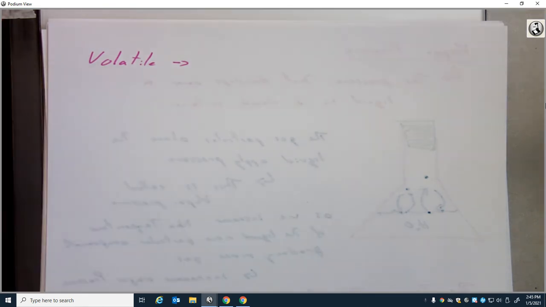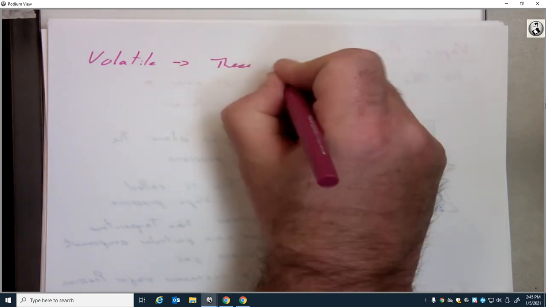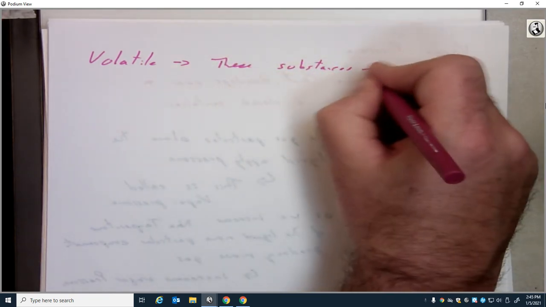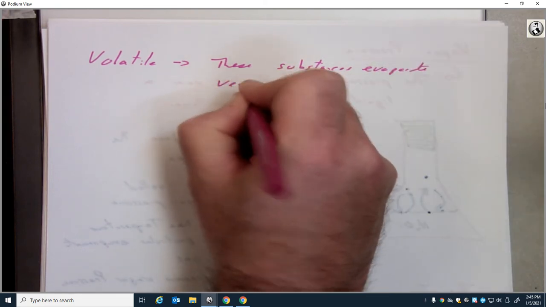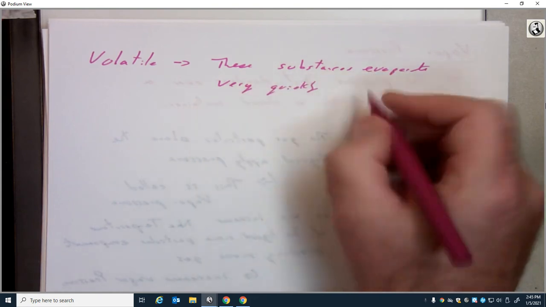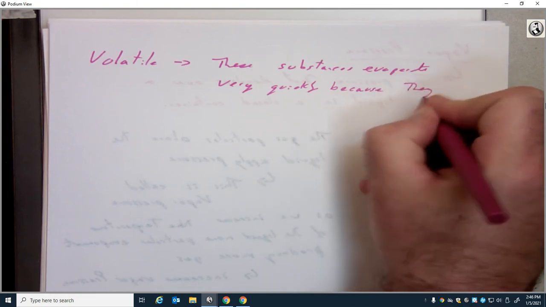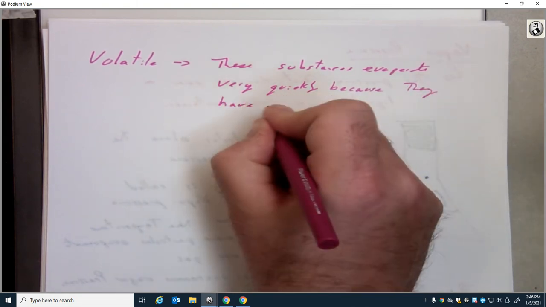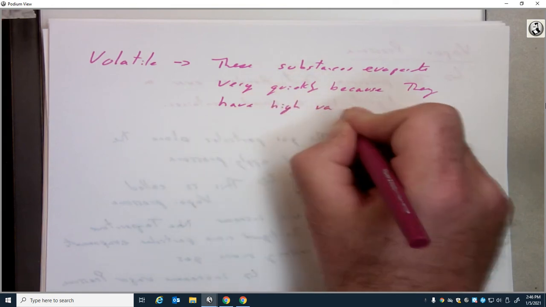If something's volatile, these substances evaporate very quickly because they have high vapor pressures.